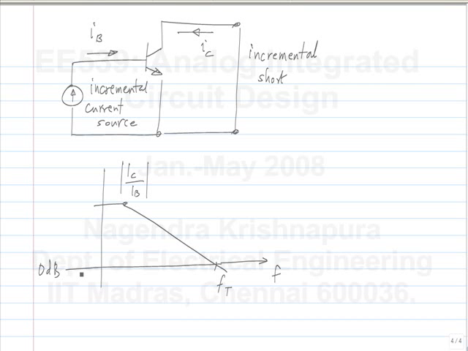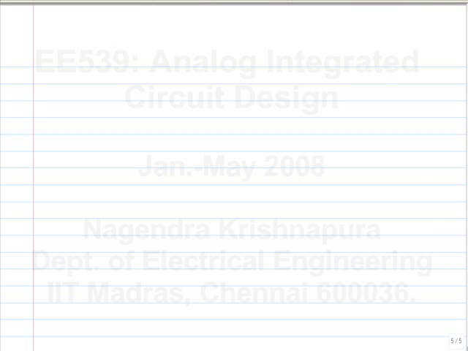MOS transistor also. So let's do the same for a MOSFET. We can use the small signal model of a MOSFET to calculate these quantities, and also we connect the bulk to the source, and the GMB source will be disabled. Okay.